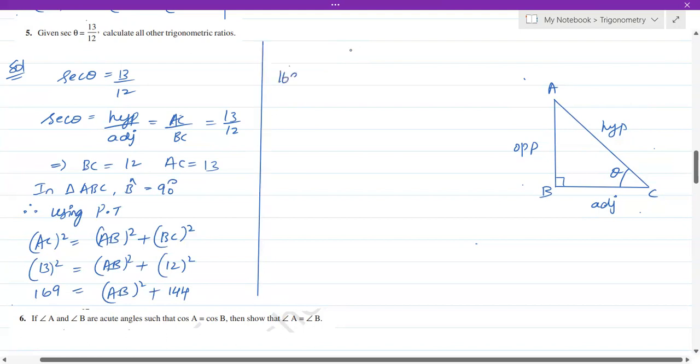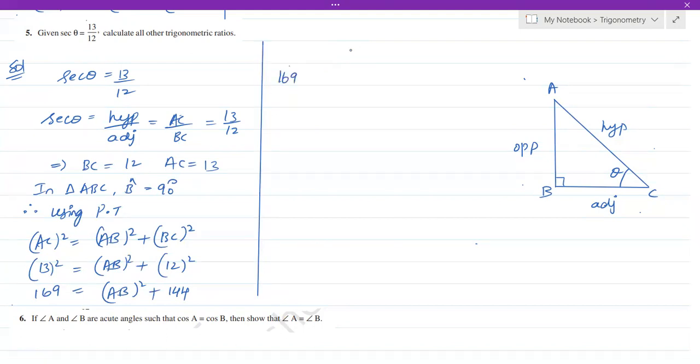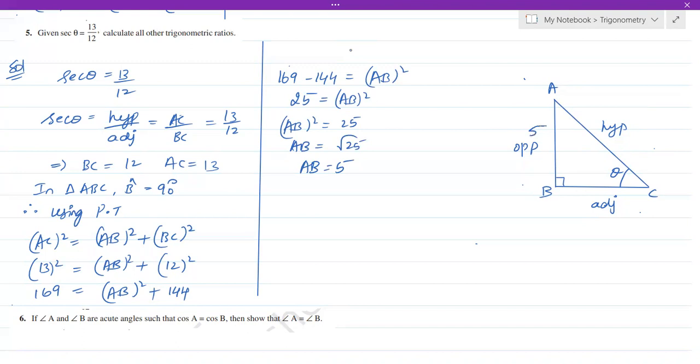So 169, transpose 144 to the LHS, so it will become minus 144 is equal to AB square. So 169 minus 144 is 25, equal to AB square. Therefore, AB will become square root of 25, which implies AB is 5 units.